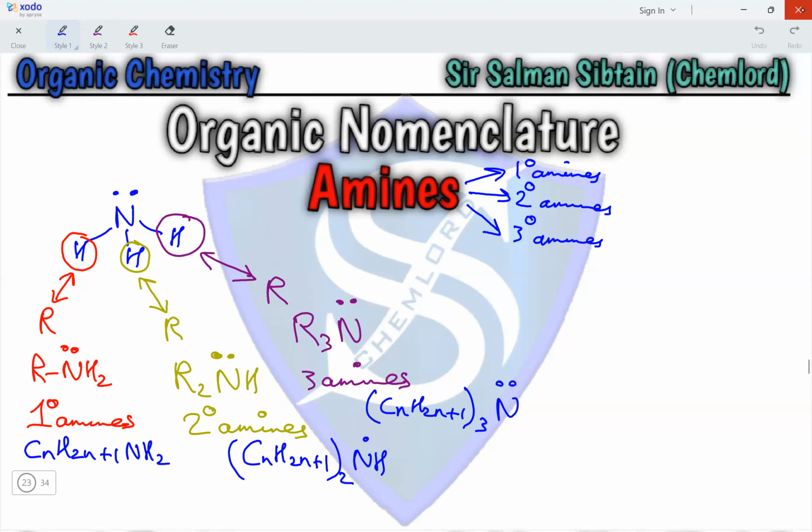So this is the general formula of each type of amine: primary, secondary, and tertiary, based on the number of R groups attached to the nitrogen atom, and these are derivatives of ammonia.